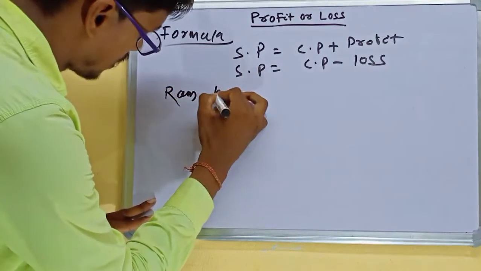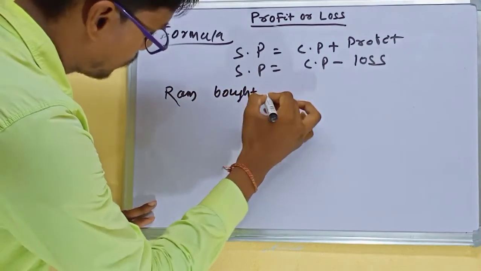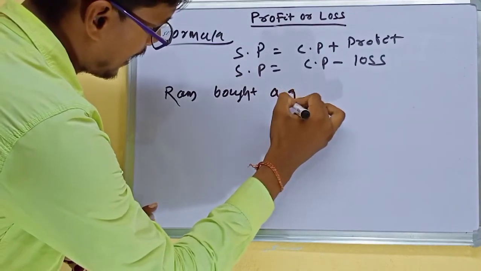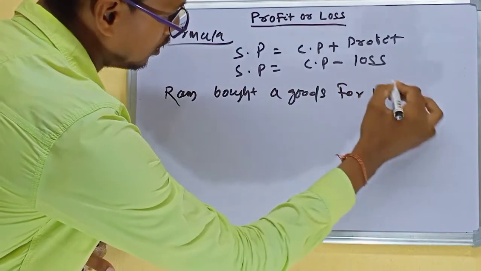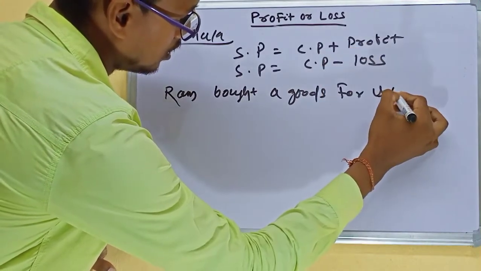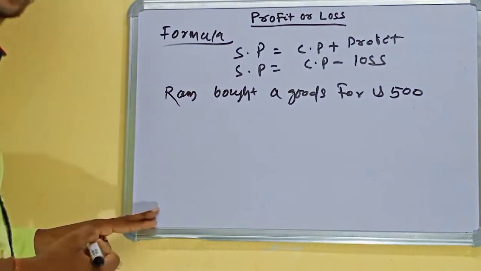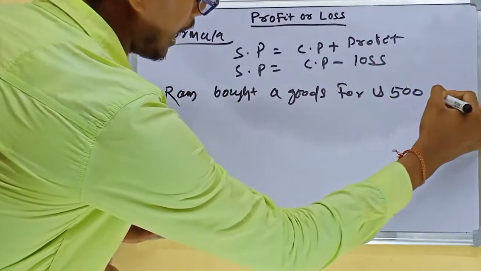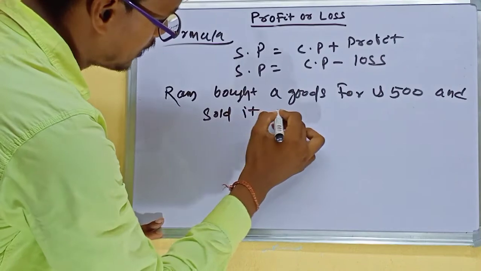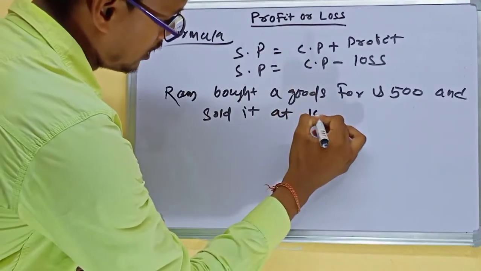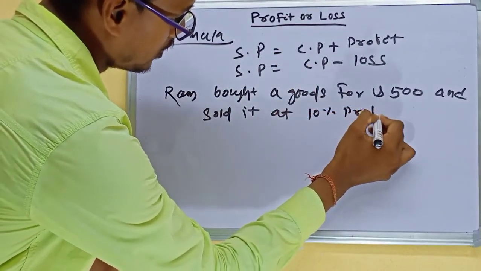Ram bought goods for rupees 500 and sold it at 10% profit.